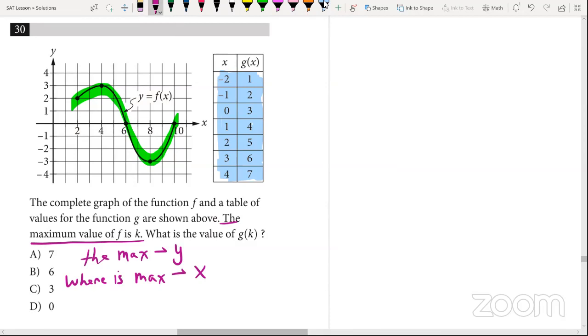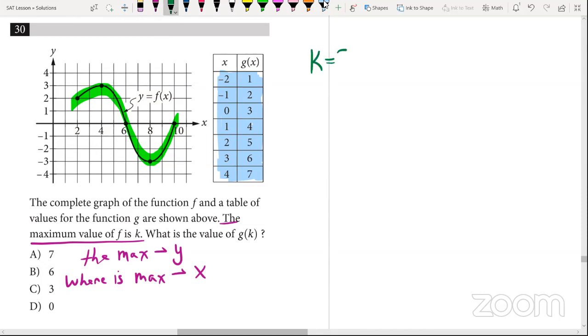Where we would find it would be at x equals 4. And if they were asking it that way, then the answer for k would be 4. But they're asking what is the actual maximum value? The actual maximum value is the highest point. When x is 4, it reaches a height of 3. So the maximum value of f is k, and that's 3.